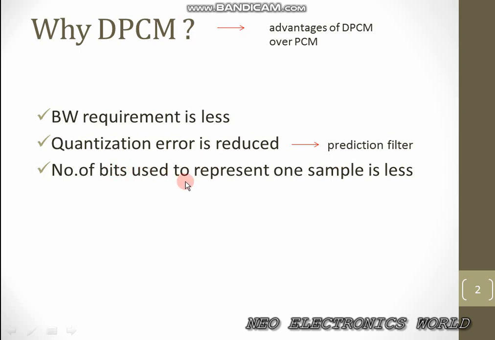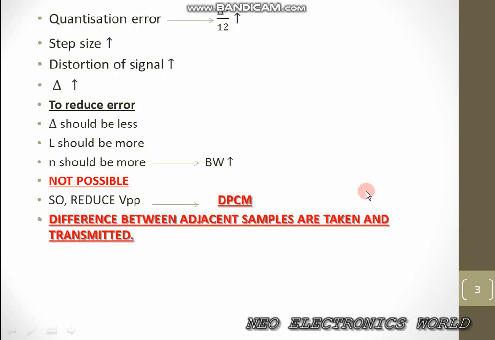Then the present sample value is also calculated by using that value. The number of bits, that is the bit rate, used to represent one sample is also less. These are the advantages of DPCM over PCM. Okay.